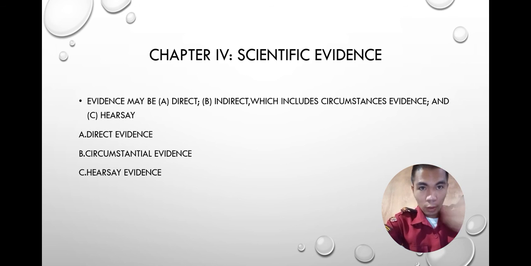So evidence may be direct or indirect, which includes circumstantial evidence and hearsay. Letter A is direct evidence. Direct evidence is that which the senses perceive, any fact which a witness testifies to based on what he saw, heard, smelled, touched, or tasted.